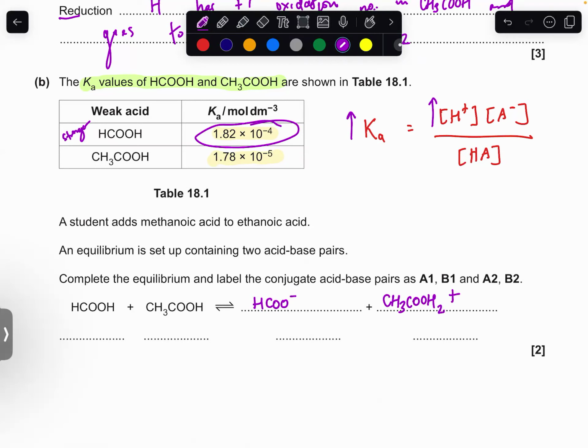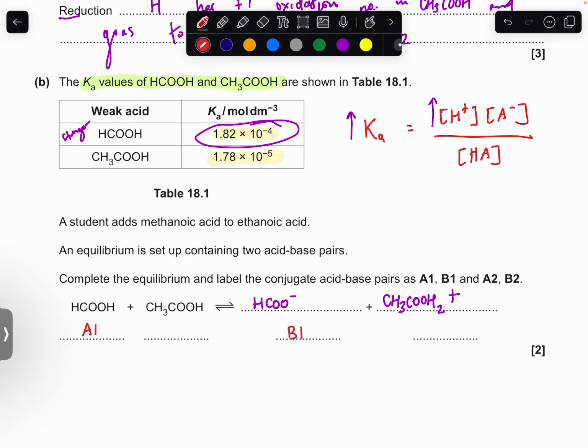And what we do now, we label them. So let's call this acid one, and the base one will be on the right-hand side. What is going to be accepting a H plus out of these two? That's going to be the base, and we use the numbers to connect them together.